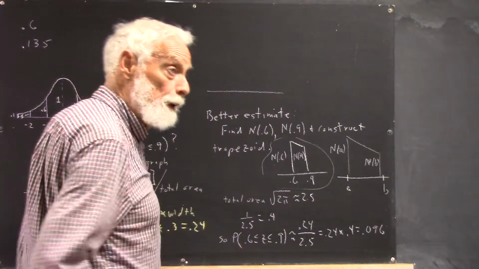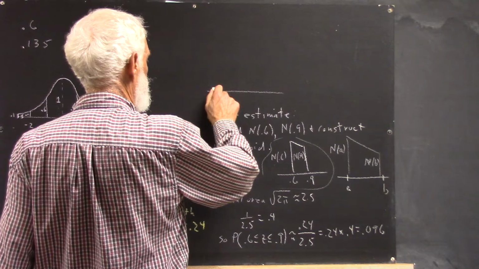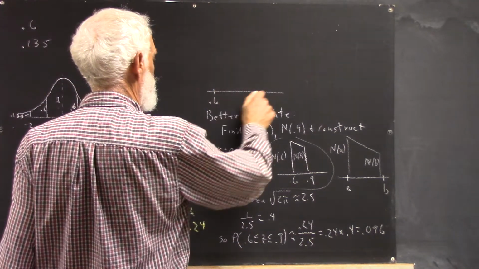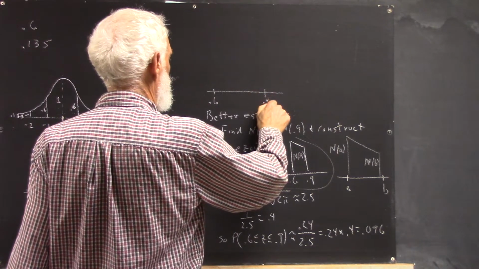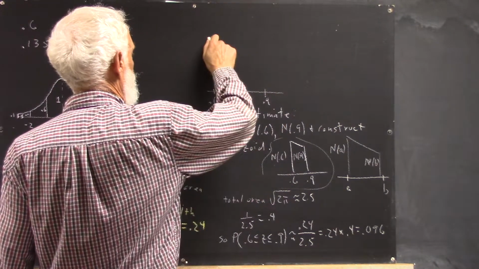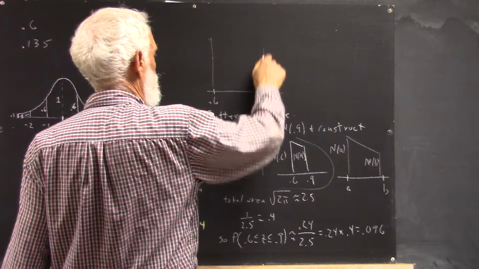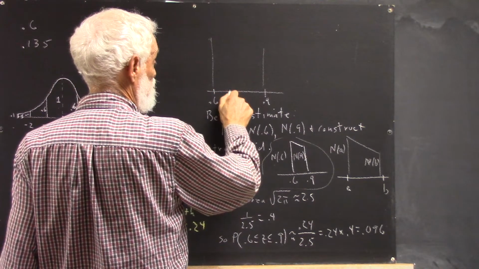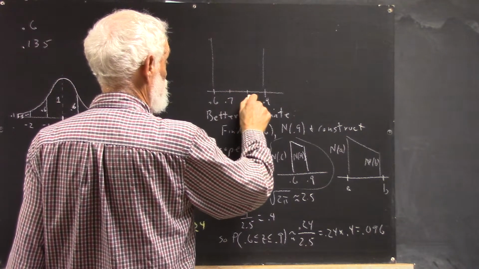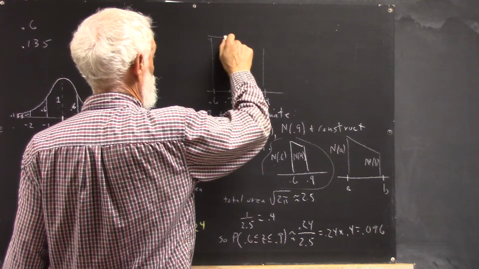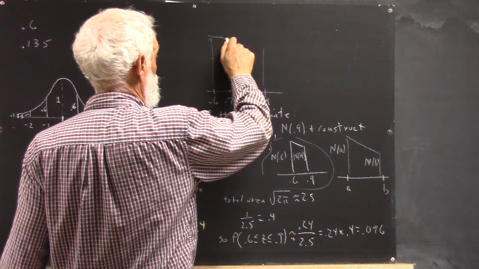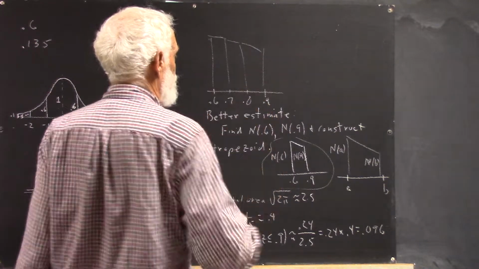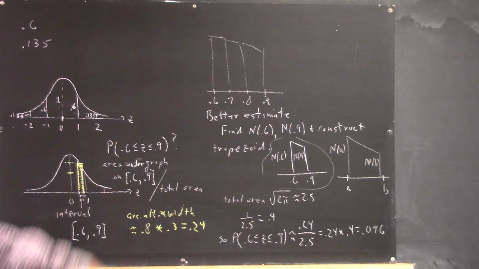Now, if you want an even better estimate, what can you do? Not very well drawn, but you split that trapezoid up.